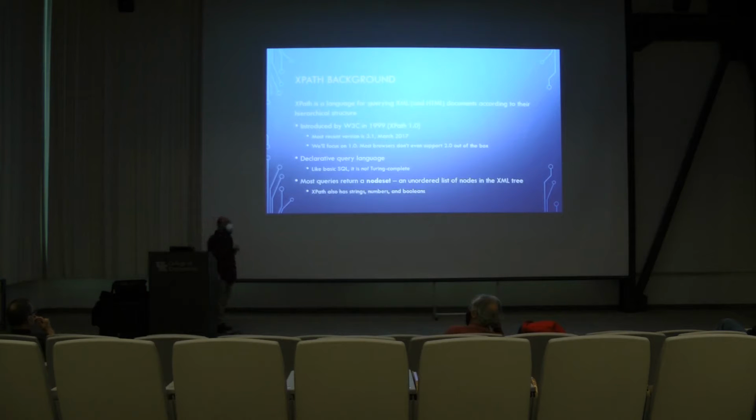In large part because out of the box, most browsers don't support XPath 2.0 or 3.0, at least not in full. They support usually some superset of XPath 1.0 that is more or less a subset of 2.0, for example, possibly with some 3.1 things added in.